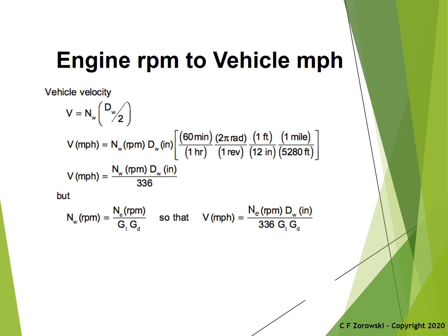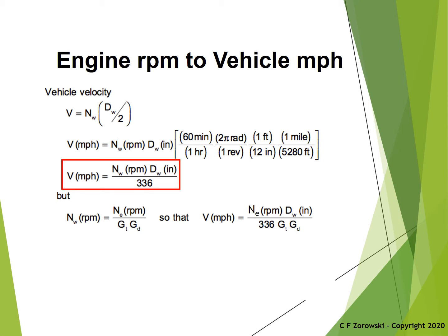To convert engine speed in RPM to vehicle speed in miles per hour, the vehicle velocity is first calculated in terms of wheel speed. This is simply the wheel speed multiplied by the wheel radius, with appropriate unit conversion factors included.